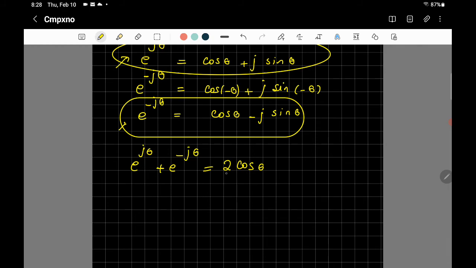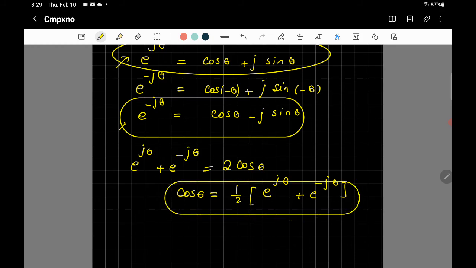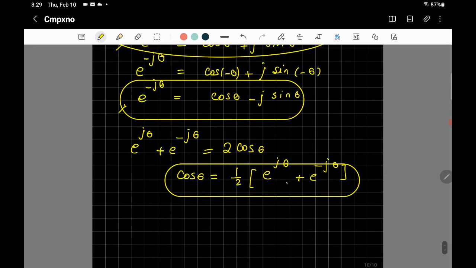If you divide by 2 both sides, you'll get cosine theta is equal to half e to the power j theta plus e to the power minus j theta. So we got a very important formula for how you express cosine theta as a sum of exponential functions.